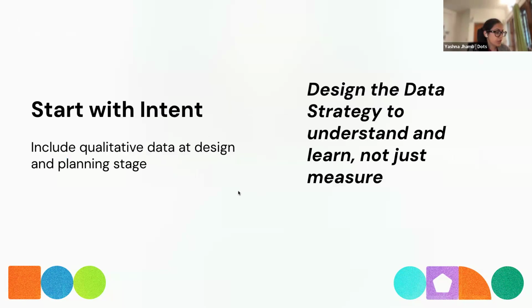What we wanted to express was also to start with the intent to include qualitative data at the design and planning stage, because that is where you need to understand what you want to learn and not just measure. Design the strategy to learn, not just measure.